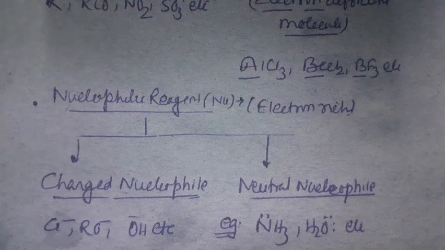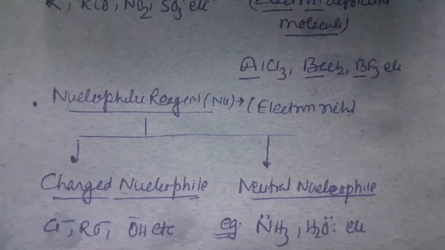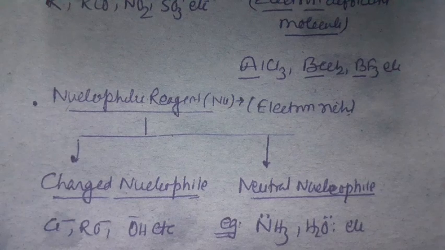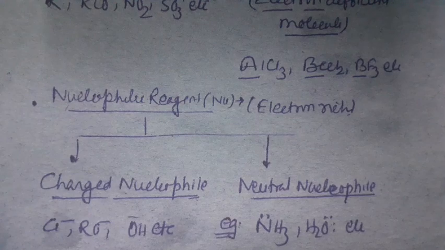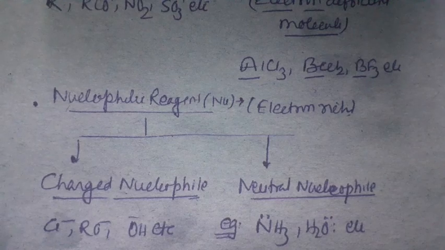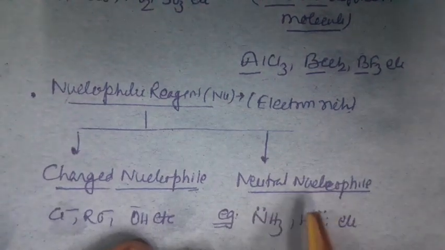Move on to the next topic, neutral nucleophile. These are the species which do not possess any charge on them but have a tendency to interact with the nucleus, and this is the only reason they are said to be neutral nucleophiles. All the covalent molecules in which the central atom consists of an unshared pair of electrons or lone pair of electrons are examples of neutral nucleophiles because they are electron rich species.